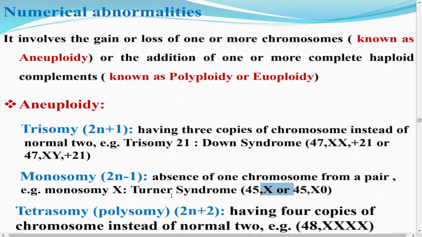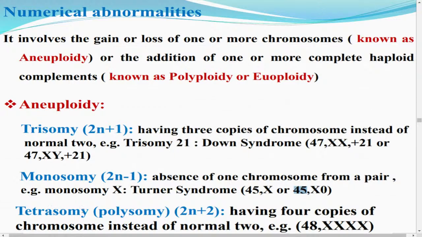Example: monosomy X, Turner syndrome, 45,X or 45,X0. This one we have 45 instead of the normal 46.